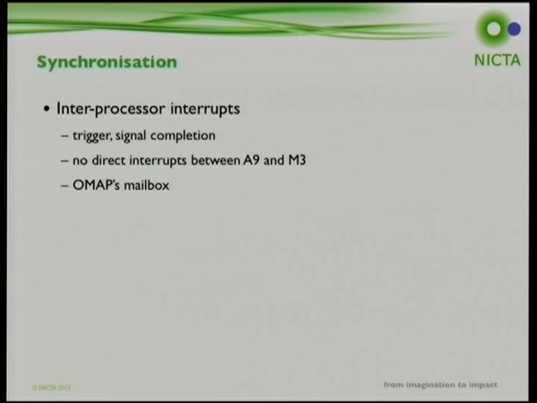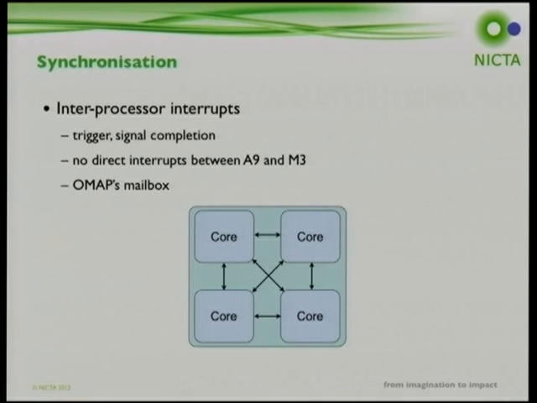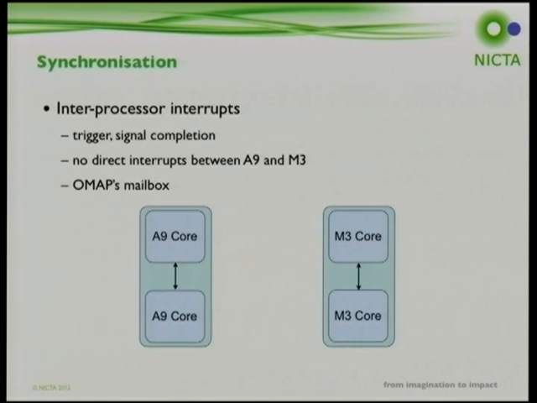Also, cores need a way of signaling each other. This is generally done using inter-processor interrupts. Linux expects a situation like this in SMP where every core can interrupt every other core, and that's not what we have. We have the A9s that can interrupt each other and the M3s that can interrupt each other. There is no direct interrupt between the A9 subsystem and M3 subsystem, let alone the individual cores within the subsystems.